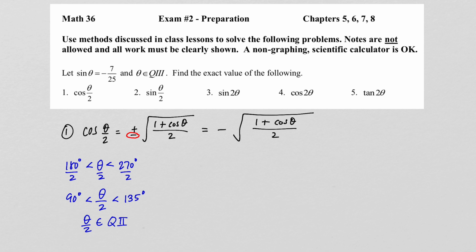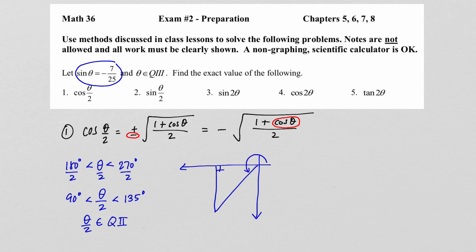So now the question is, what is the cosine of theta? Well, we were given information about sine of theta. Let's draw a picture of this. Again, theta is in the third quadrant, so it must look like this.